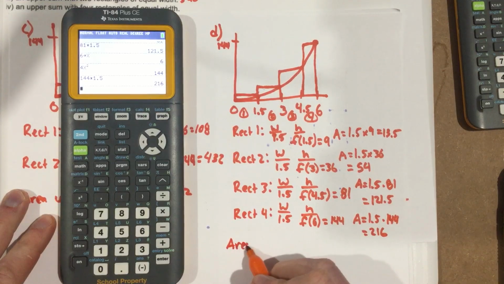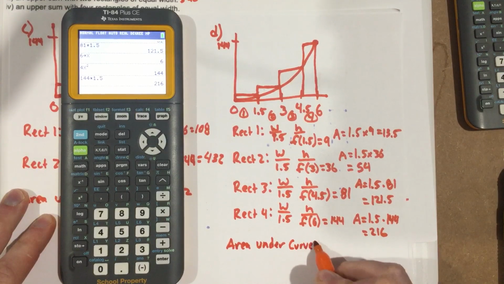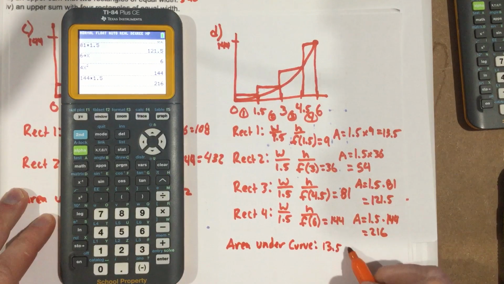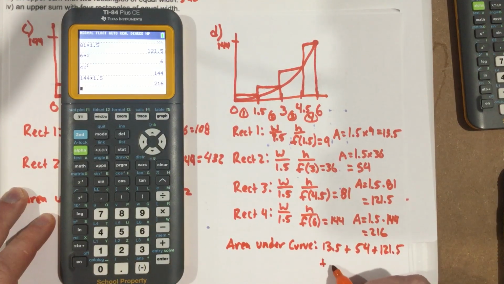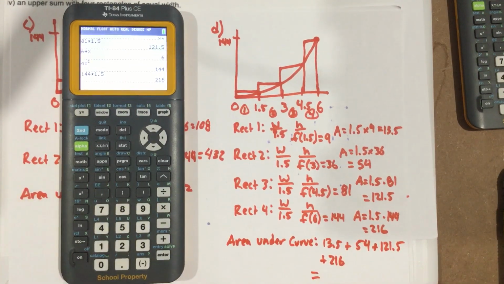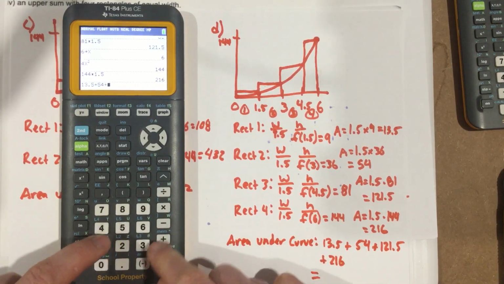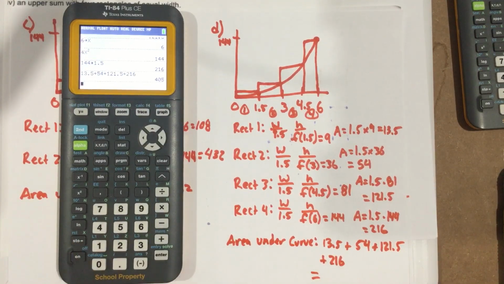So the area under the curve is estimated to be 13.5 plus 54 plus 121.5 plus 216, and that equals 405.